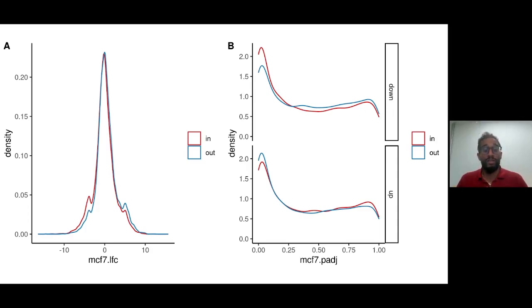Here on the left, I have the log-fold change distribution for genes that are found inside the hub in red and outside the hub in blue. What you can notice is that there's a clear enrichment for downregulated genes, with negative log-fold change, for genes that are inside the hubs when looking at the level of expression inside cancer samples.